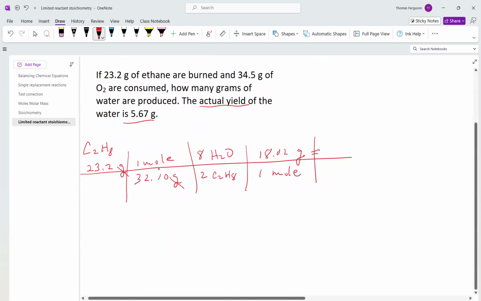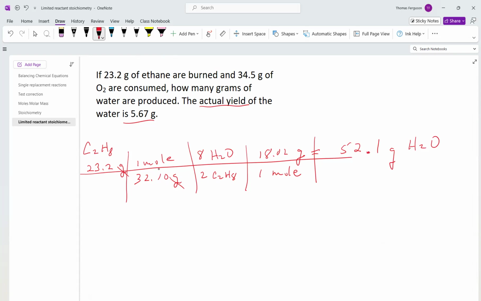The molar mass for water is 18.02. Okay, for just looking at the ethane, ignoring the oxygen, we're looking at 52.1 grams of water.